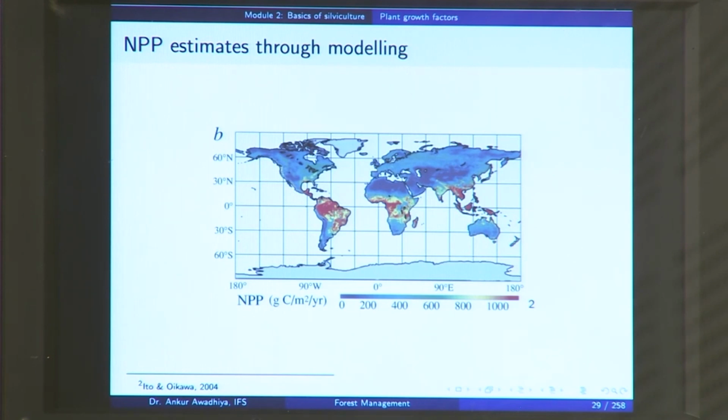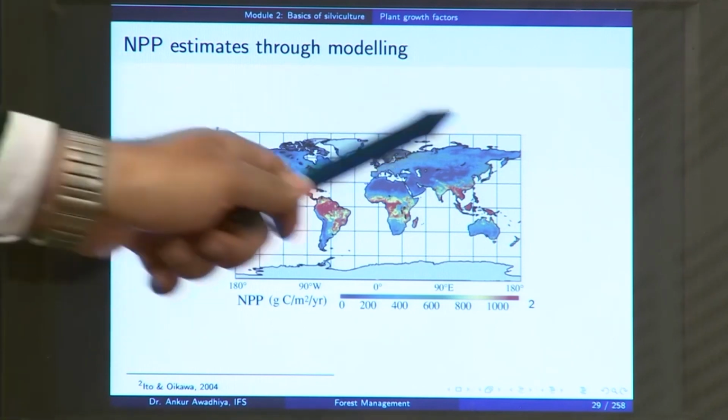For every region, we know the latitude, we know the inclination of the earth, and with that we can figure out how much light is reaching that area, how much photosynthetically active radiation is reaching that area, and then we can make use of our knowledge of which species are found in which areas, which will give us an estimate of the light use efficiency. Using both of these we can compute the net primary productivity of different regions of the earth.